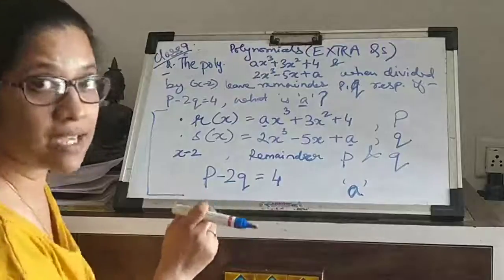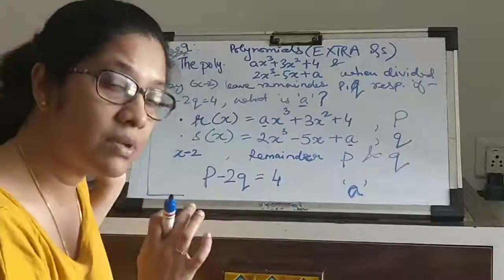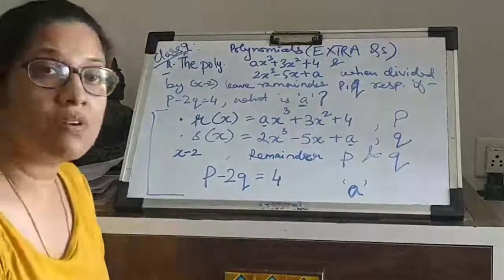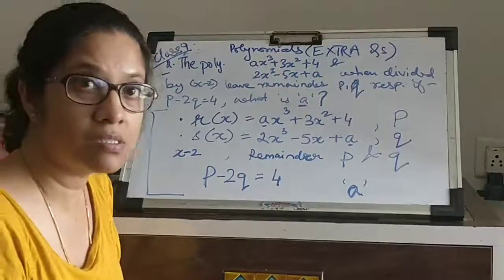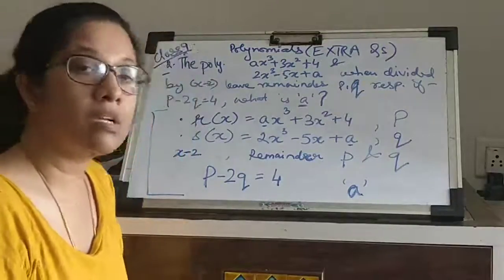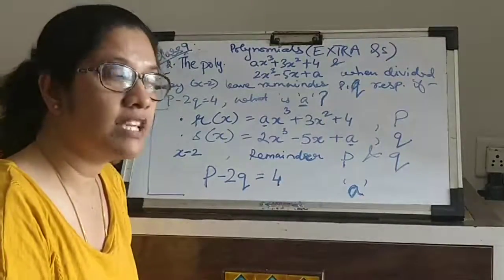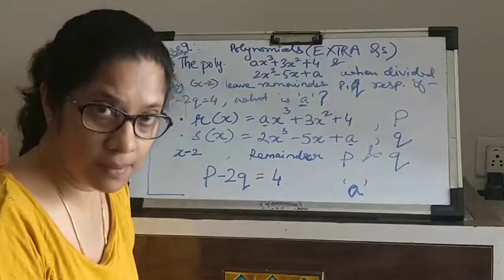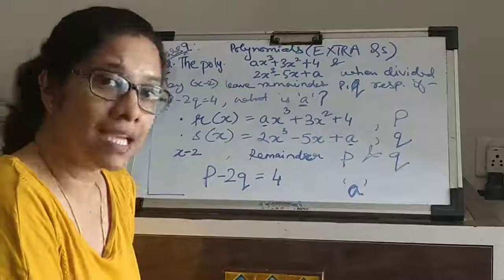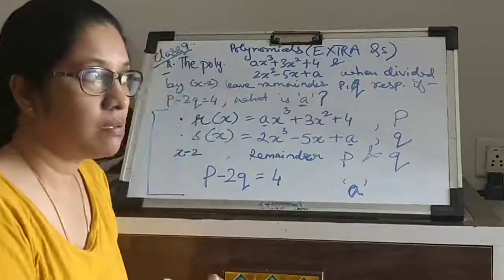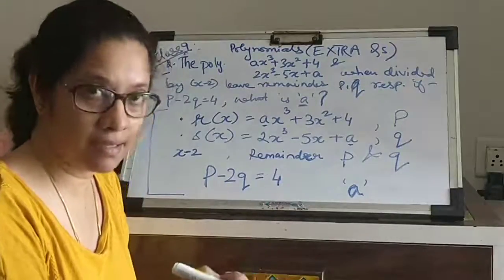So what basically we have to do here is apply the remainder theorem. You must have all studied in your textbook, while covering the chapter on polynomials, about the remainder theorem. Now what does the remainder theorem say? The remainder theorem states that if p(x) is any polynomial and you divide it by a linear polynomial x minus a, then the remainder should be p(a).